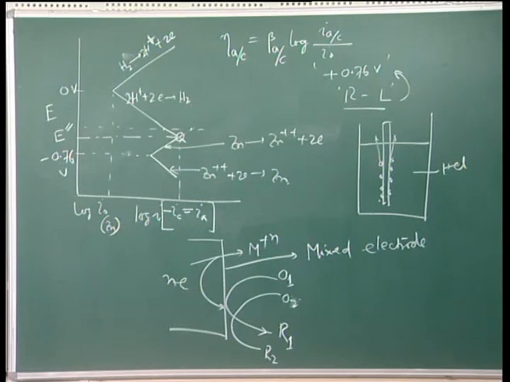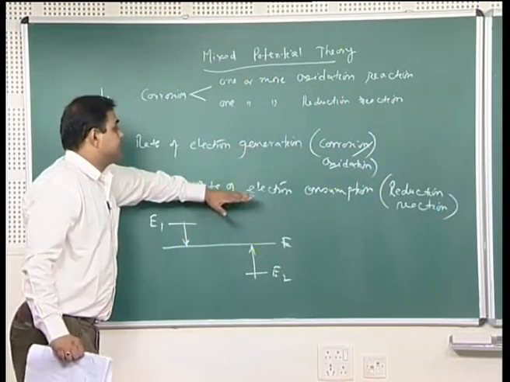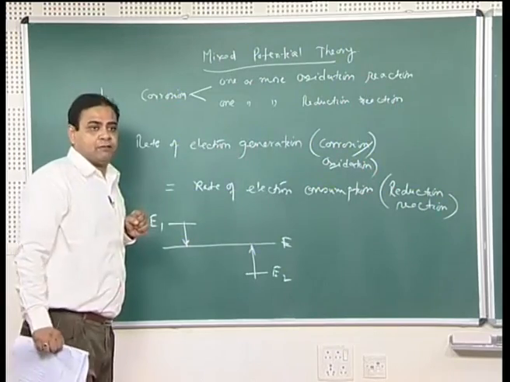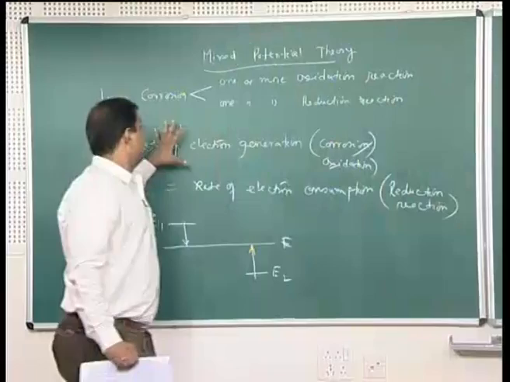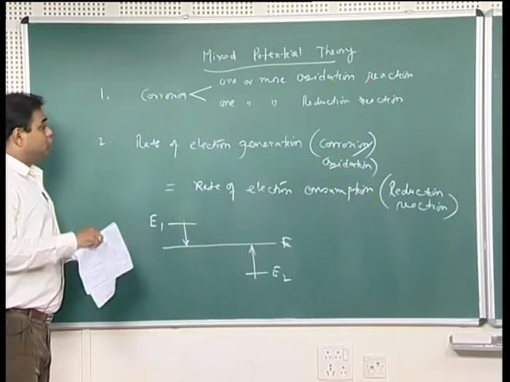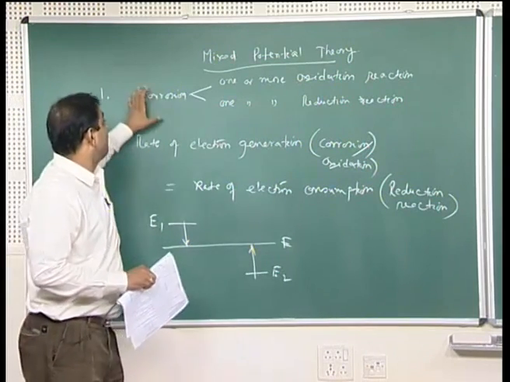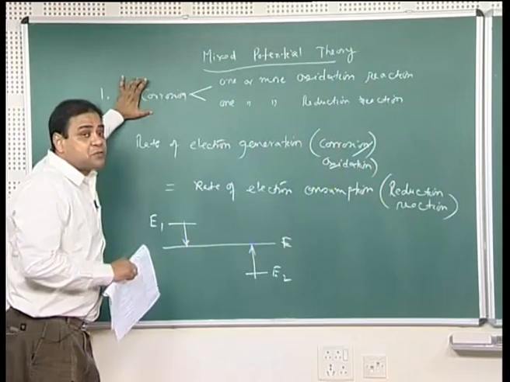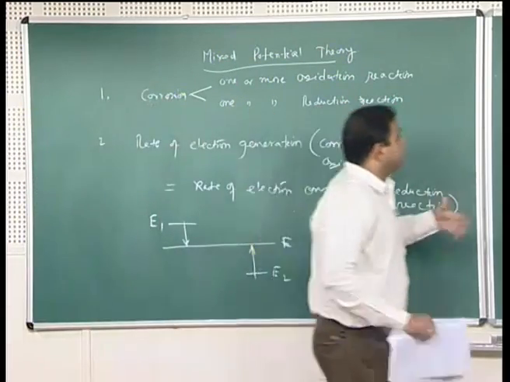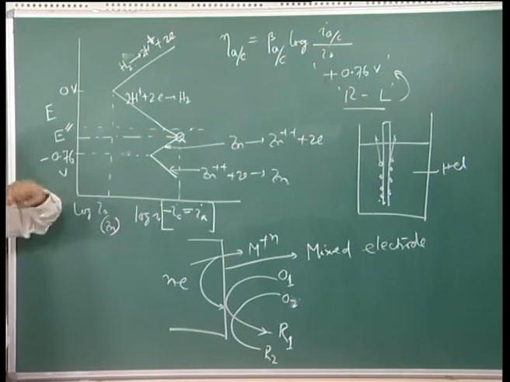Or we can say the rate of electron generation is the same as the rate of electron consumption. Fine. So we are also following the mixed potential theory considerations. Another consideration is whether we can divide into one or two oxidation or reduction processes, partial reactions. Definitely, because we are dividing this reaction into this reduction process and this oxidation process.